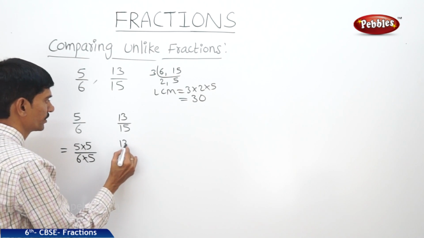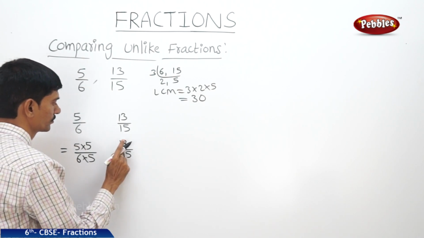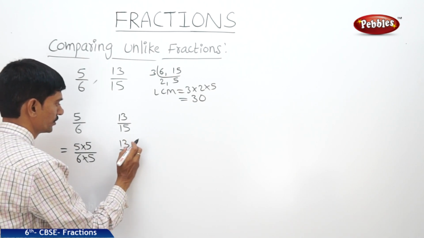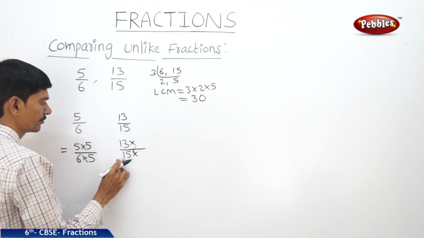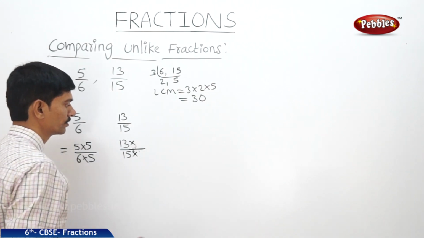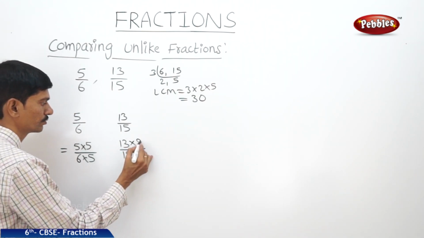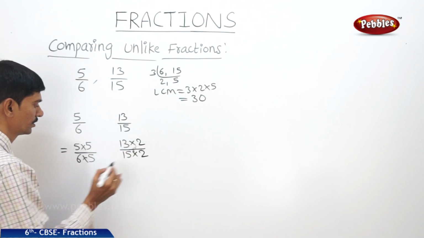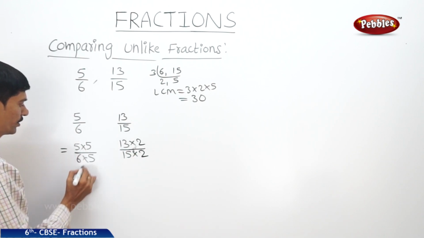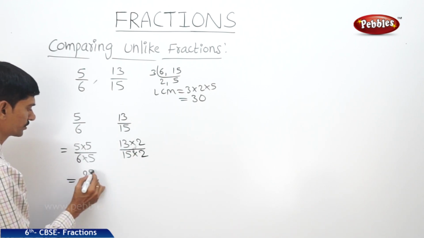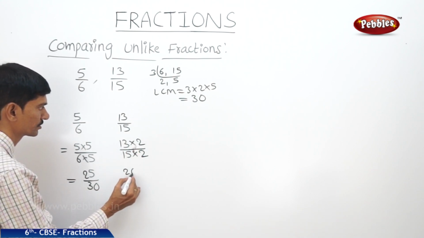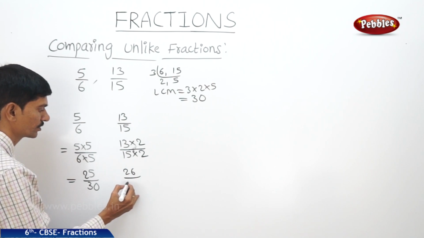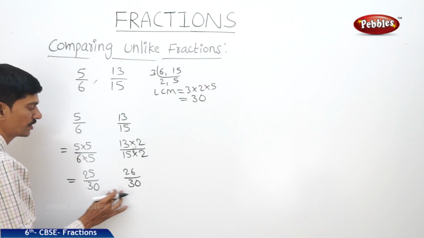So here 13 by 15, now 15, the denominator 15, how many times make 30? So it is 2 times. So 13 into 2 by 15 into 2. Now this equals 5 5s are 25 by 6 5s are 30, and 13 2s are 26 by 15 2s are 30. So here the denominators are equal.